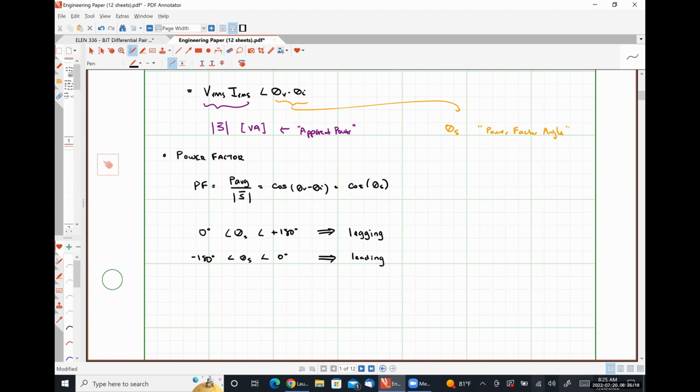Now, there are a few special cases that we need to talk about as well. If our power factor is equal to 1, either +1 or -1, we typically call this unity power factor. And unity power factor is neither leading or lagging.